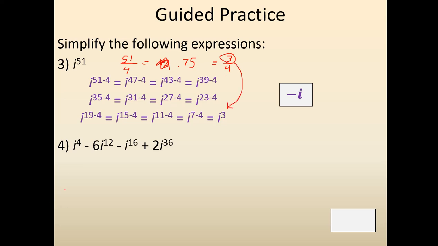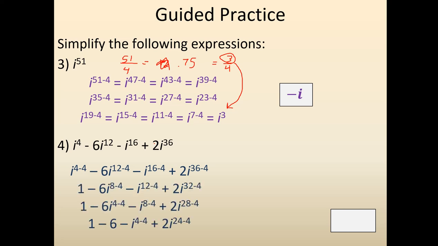For this next line, i to the 4th, i to the 12th, i to the 16th, i to the 36th. Do the same thing. We keep subtracting 4 from it. It actually turns out that as we continue doing this, every single one of these terms will end up going down to i to the 0.